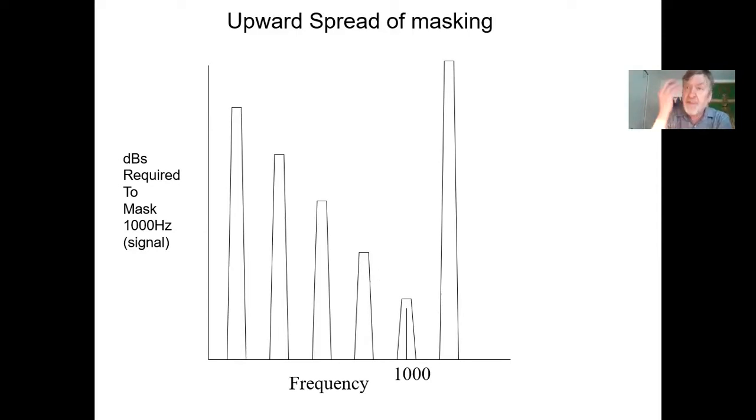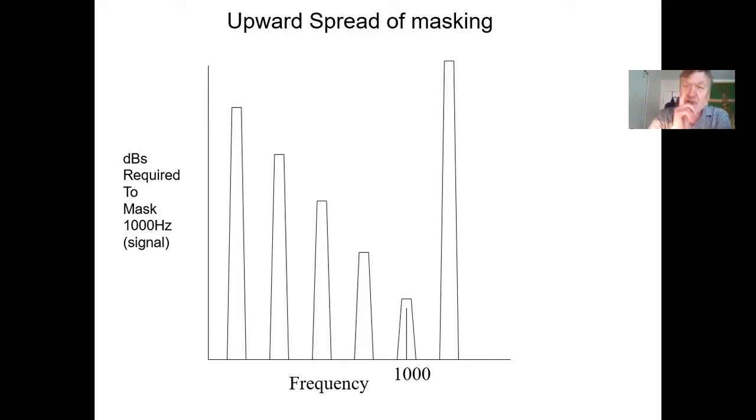So the best masker is this one right here. The second best one, of course, would be this one. The third best would be this one. The fourth would be this one. The fifth would be this one. Why do I say that? Because more and more and more decibels are required to get that narrow band of noise to mask the signal. So they're not as efficient as the narrow band of noise that surrounds 1,000 hertz.